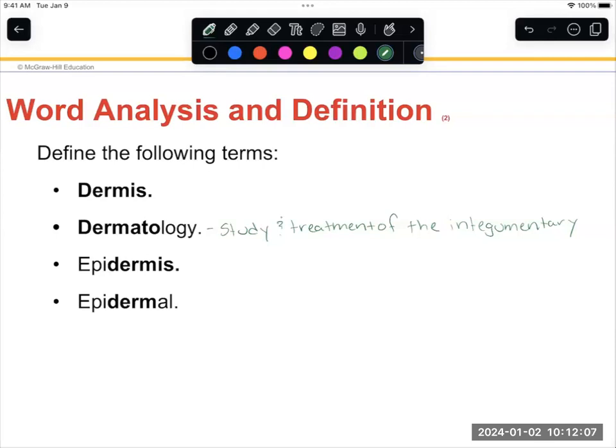A dermatologist is the person who studies the diseases and treats the diseases of the skin. Dermato, which is that root word with the combining O, dermato, is skin.